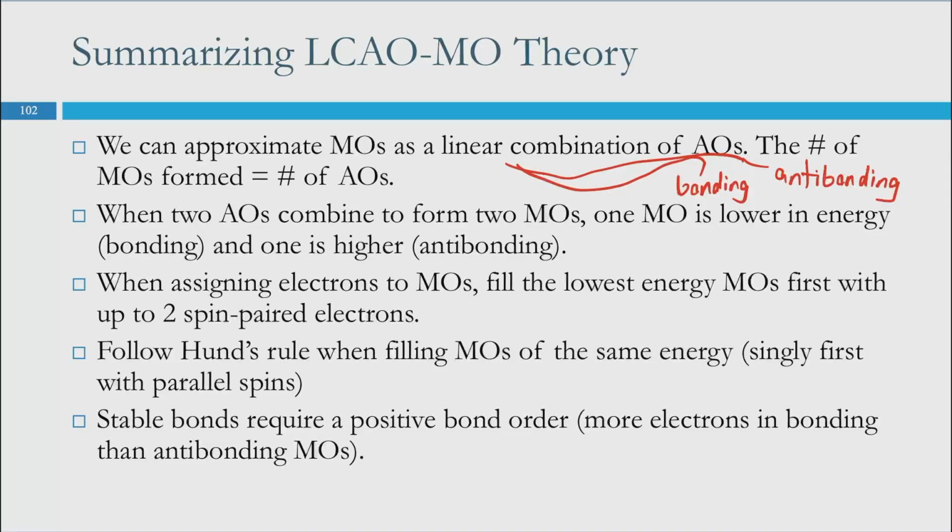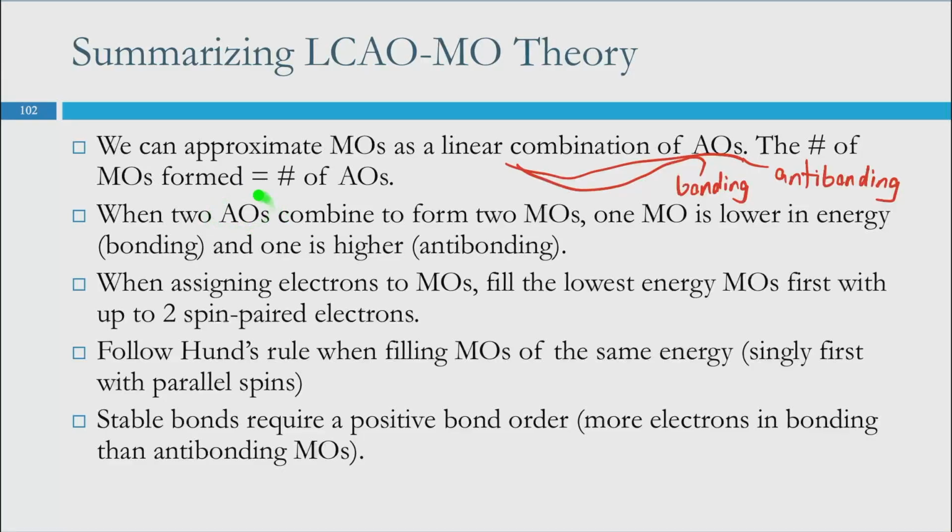The number of molecular orbitals formed is the same as the number of atomic orbitals, just like with our hybridization in valence bond theory. So if we have 2 atomic orbitals, then we need to have 2 molecular orbitals. Partly, you can think of that as like we just need somewhere to put the electrons. If we had 4 electrons in our helium, diatomic helium molecule, and we just had the 1 bonding orbital, you can't fit 4 electrons into 1 orbital. So we have to have 2 orbitals.